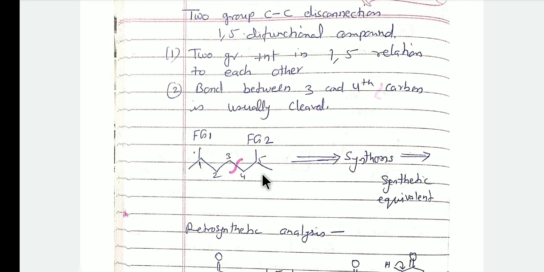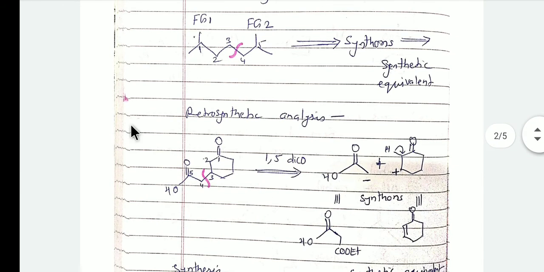So we get two synthons here, and for these synthons the synthetic equivalent is employed for the generation of these synthons. Now by taking the example of the retrosynthetic analysis of this compound, we can explain the C-C disconnection in 1,5-difunctionalized compounds.